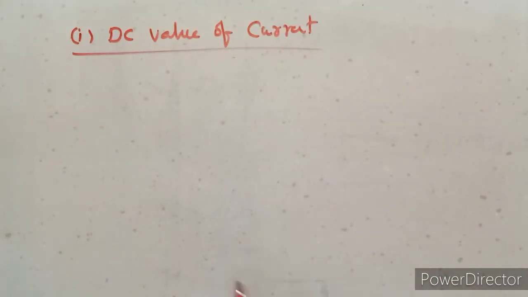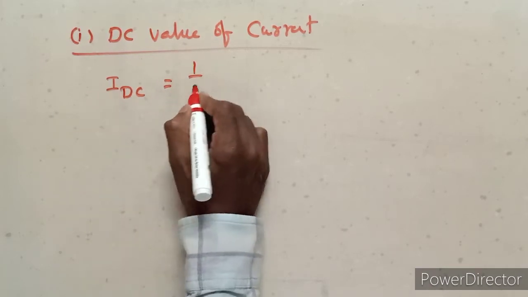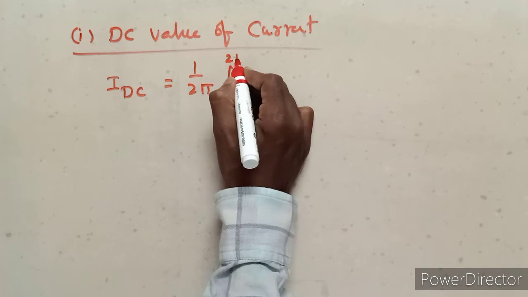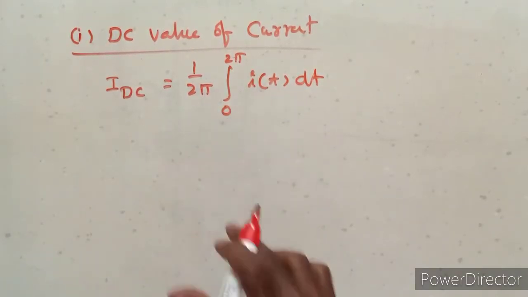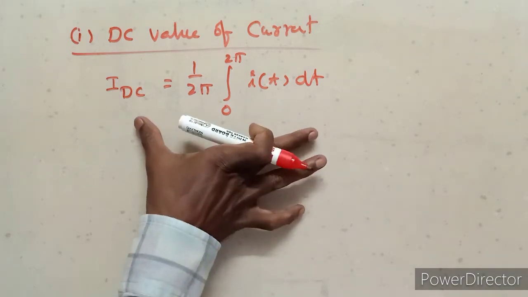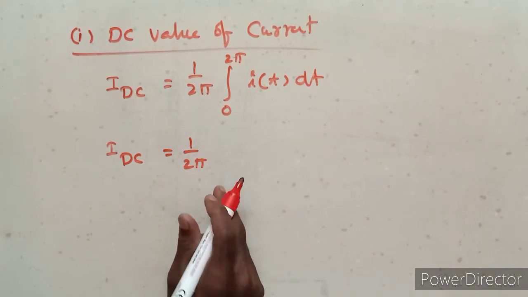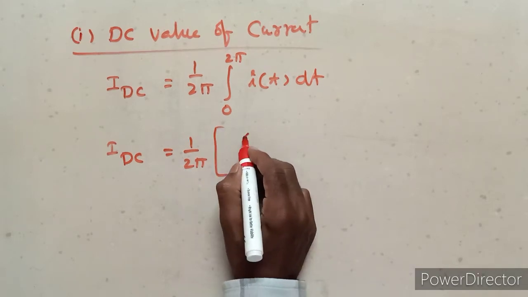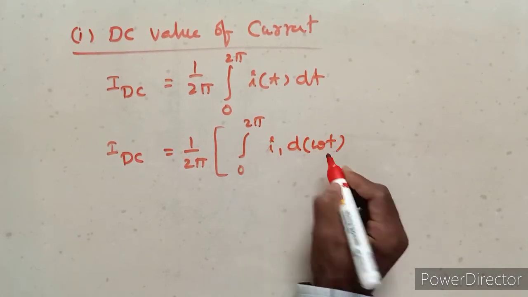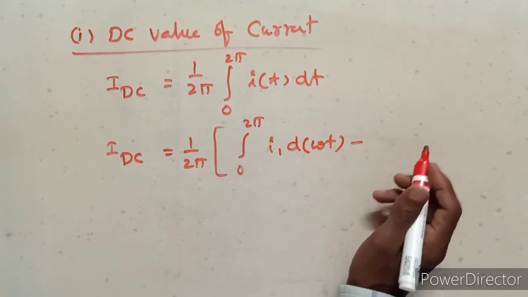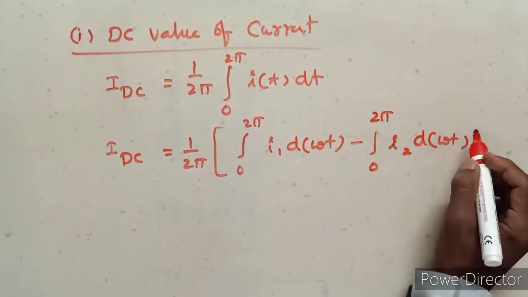We know the formula: the DC current equals 1 upon 2 pi integration from 0 to 2 pi of i(t) dt, with respect to time. Then this equation can be written as the DC value of the current equals 1 upon 2 pi integration 0 to 2 pi of I1 d omega t minus integration 0 to 2 pi of I2 d omega t.